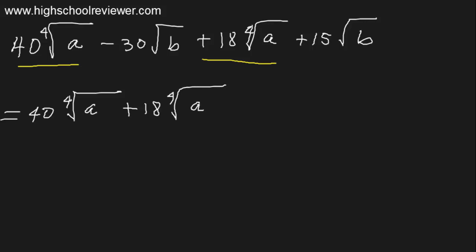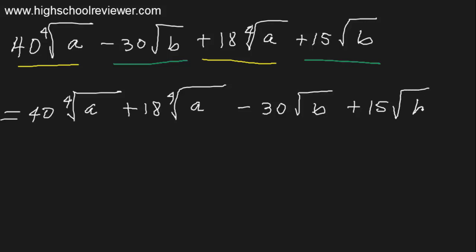And we can also add separately negative 30 square root of b and positive 15 square root of b.